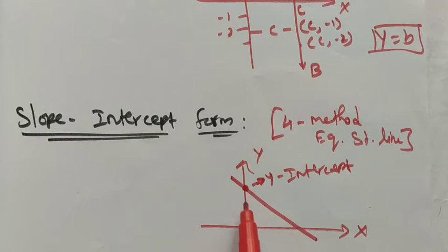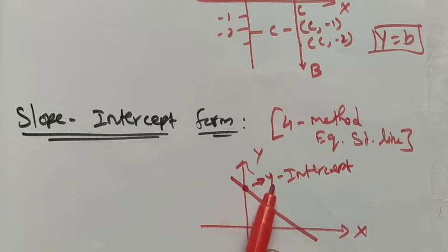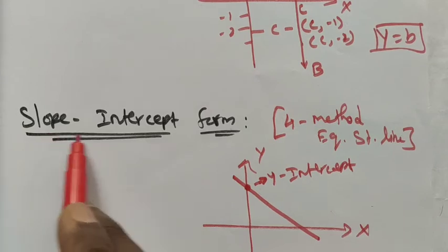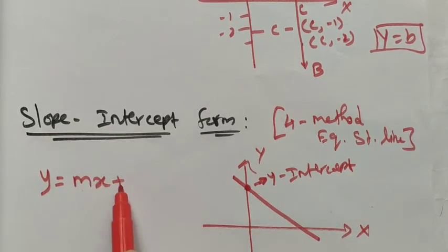See, this is a non-vertical straight line. Vertical means we cannot find the slope. So a non-vertical straight line intersects the y axis at only one point. We call this a y intercept. Here we have the formula for slope intercept form: y is equal to mx plus c.